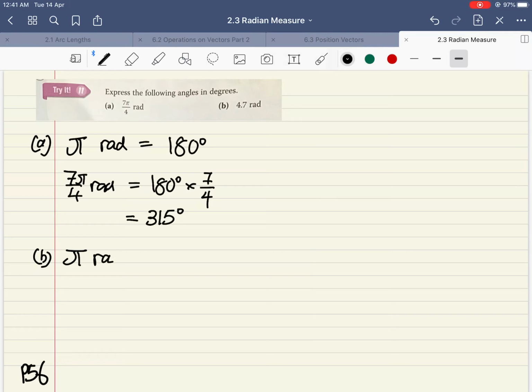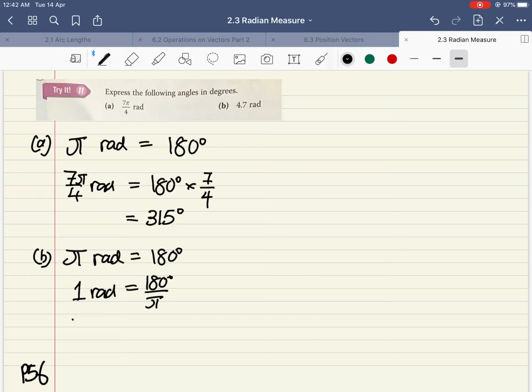Part B may not be that simple a conversion because it's 4.7 radians, but not to worry. I start with pi radians is equal to 180 degrees. Now, to get to 4.7, first and foremost, I need to find what is 1 radian in terms of degrees. So I divide by pi on both sides.